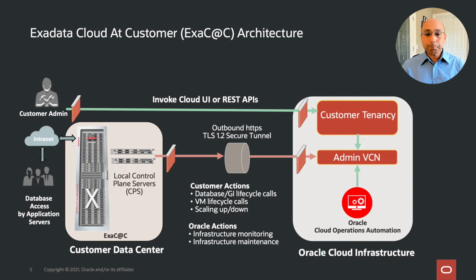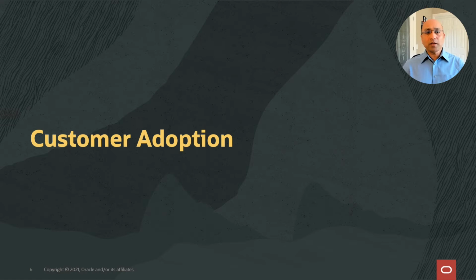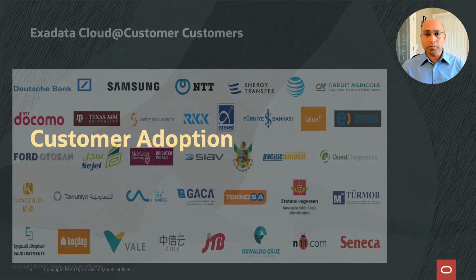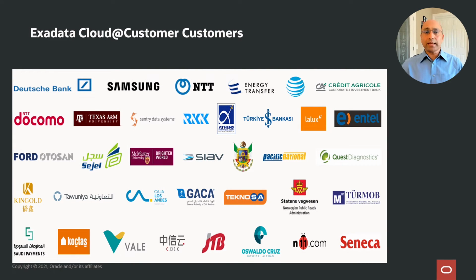Okay, so now let's look at a little bit of the customer adoption that we have with Exadata Cloud Customer. This slide shows you some of the customer logos that we have on Exadata Cloud Customer. Today, we have hundreds of customers running in production, running their mission-critical database workloads on Exadata Cloud Customer.